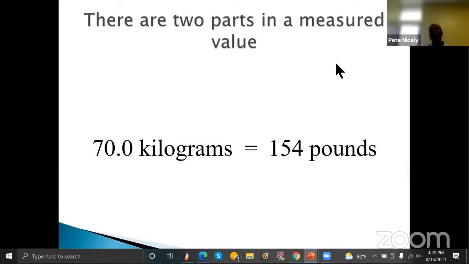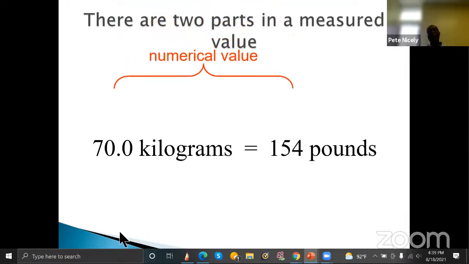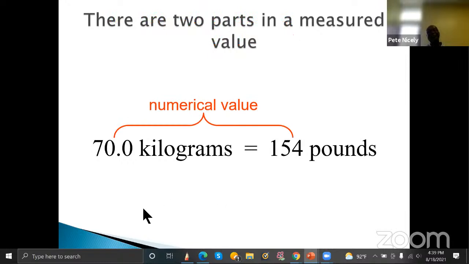Now, whenever you end up with any measured value, there are two parts to a measured value, right? Especially a measurement that is obtained directly from an instrument. One part is the numerical value, which in some textbooks they call the quantitative part. And the next part is basically the units or the qualitative part, right?